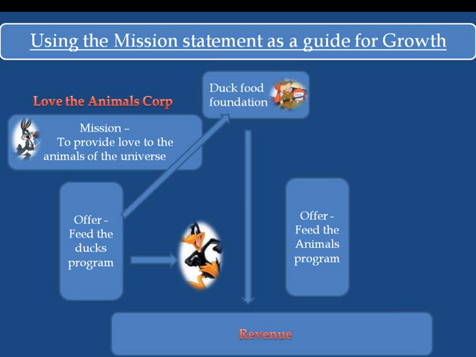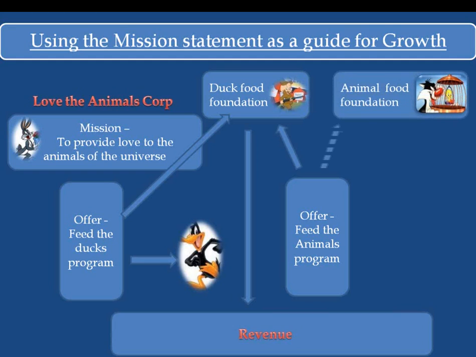I want to provide love to every animal of the universe. So he goes ahead and institutes a Feed the Animals program. Now he's providing a service for the Duck Food Foundation because the ducks are part of the animals. And in addition, he's providing a service for the Animal Food Foundation because he's feeding all the animals, not just the ducks. So you have revenue from both.